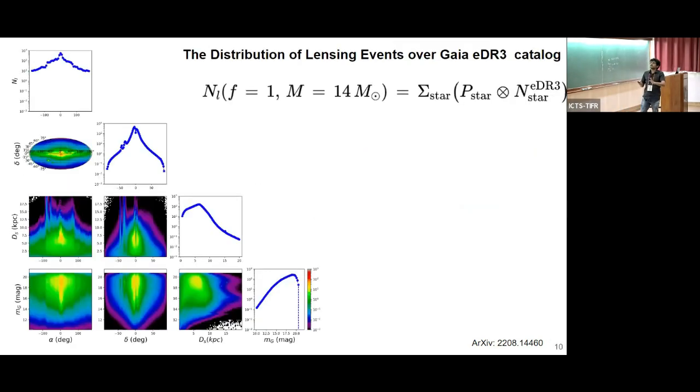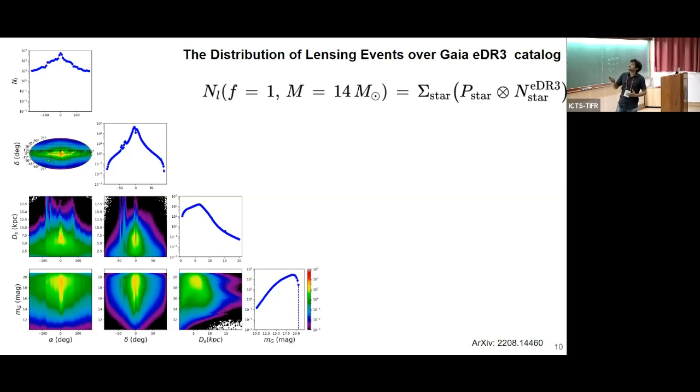So we get a distribution of lensing events. Depending upon the location of the star in the sky, its distance, and how bright that star is, we get a particular distribution of the number of lensing events that Gaia will be observing.